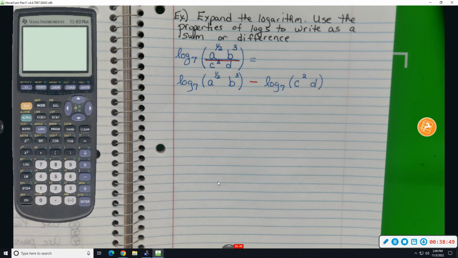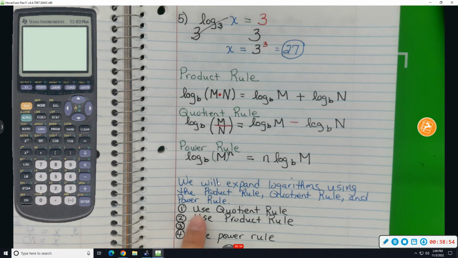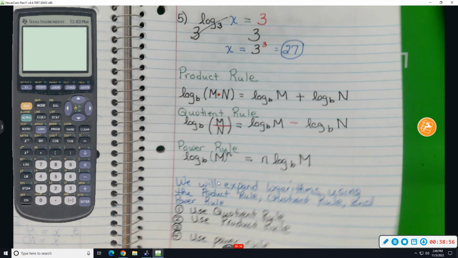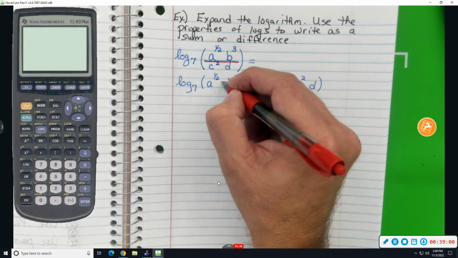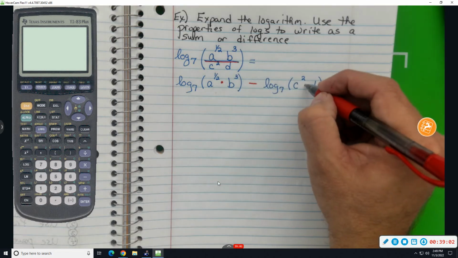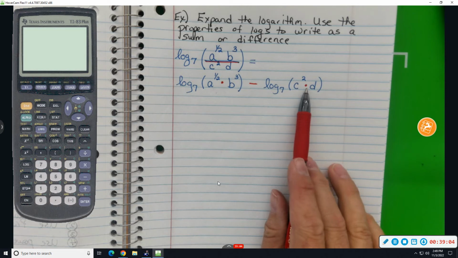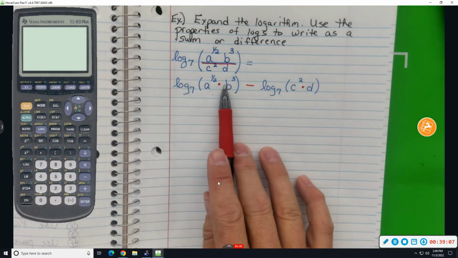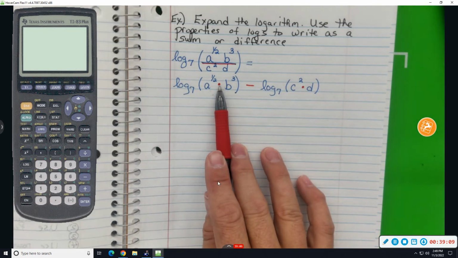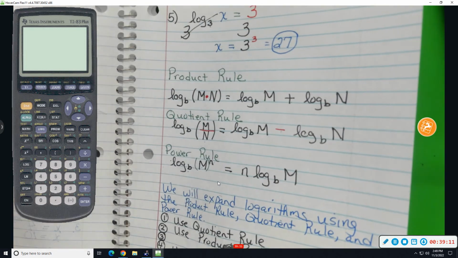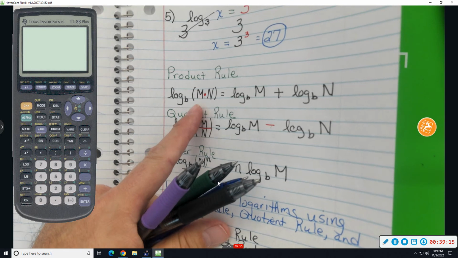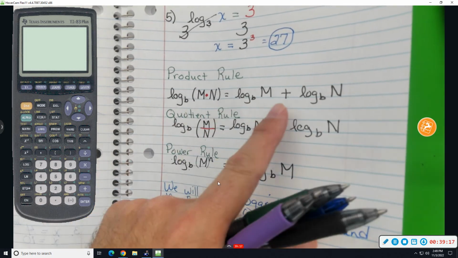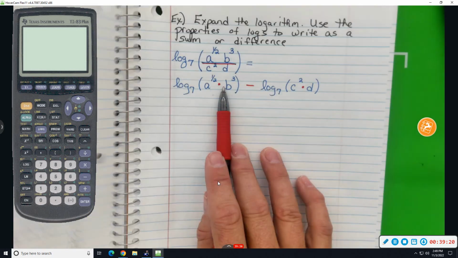Now I'm going to use the product rule, and I guess I should have said use the product rule twice. You're going to use it here. Right here there's multiplication. So I'm putting the red dots just to show that's where the multiplication is. And so the product rule, you write log first factor, then a plus log second factor.